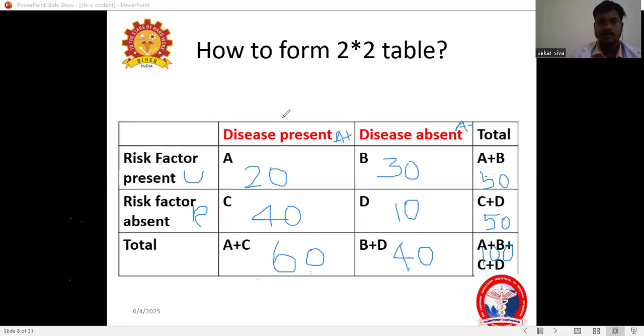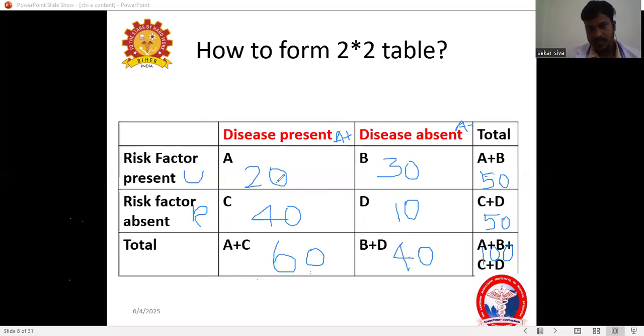Okay, are you clear? This is based on the scenario, anemic absent and anemic present, and here the risk factors are the test, urban and rural. Overall, the urban population is 50 and the rural population is 50. Overall grand total is 100. In that 100, 60 were anemic.